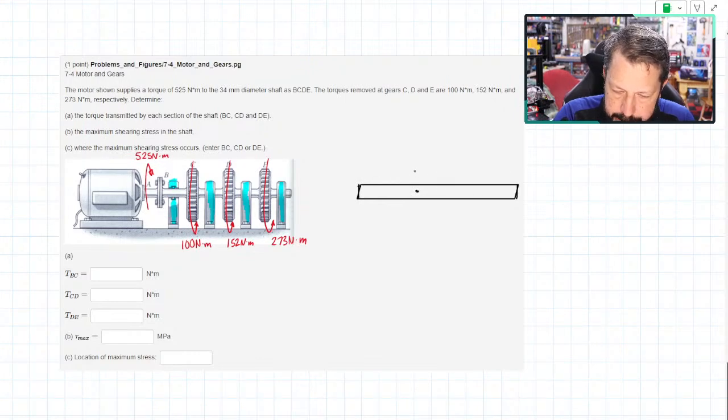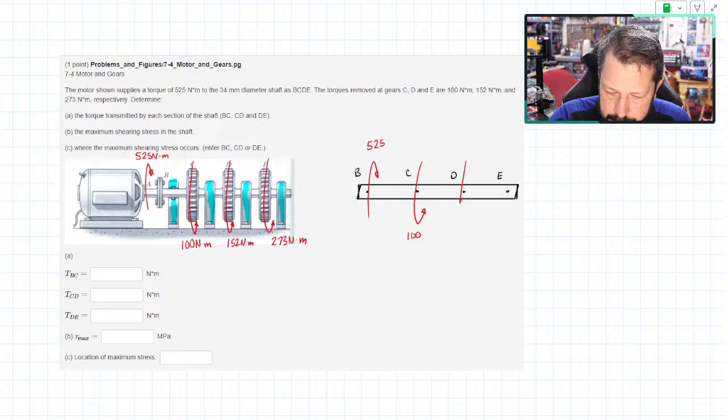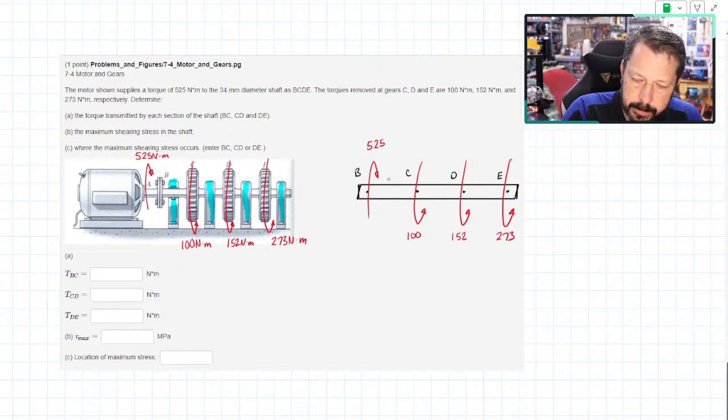So there's C, D, E, and then B is over here somewhere. So into the thing, we have the 525, and coming out, we have 100, 152 and 273. I'm leaving off the units just to not make it too cluttery.